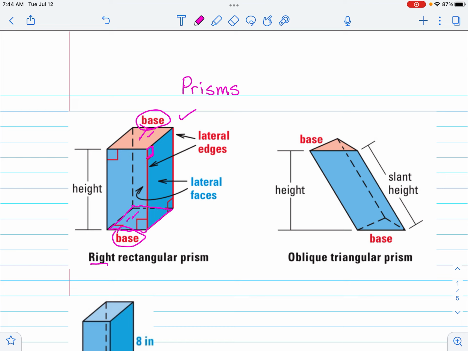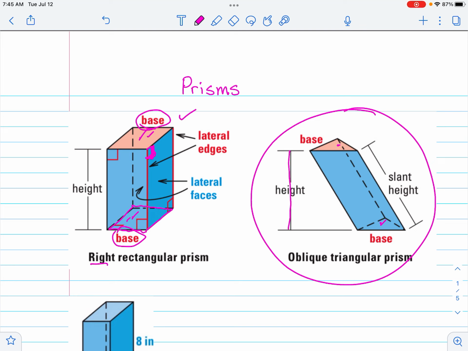What makes it a right prism is that these lateral faces make right angles at the intersection of the bases. Now, this also is a prism over here, but notice that these lateral faces don't make a right angle with the bases. We've got the height, just like with the right rectangular prism.